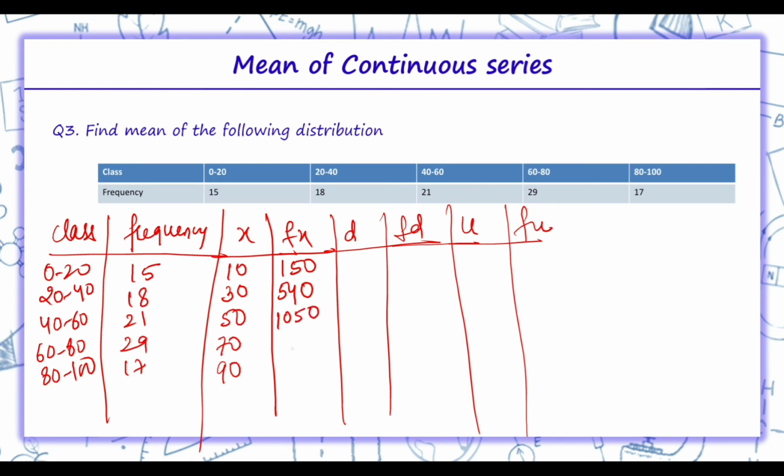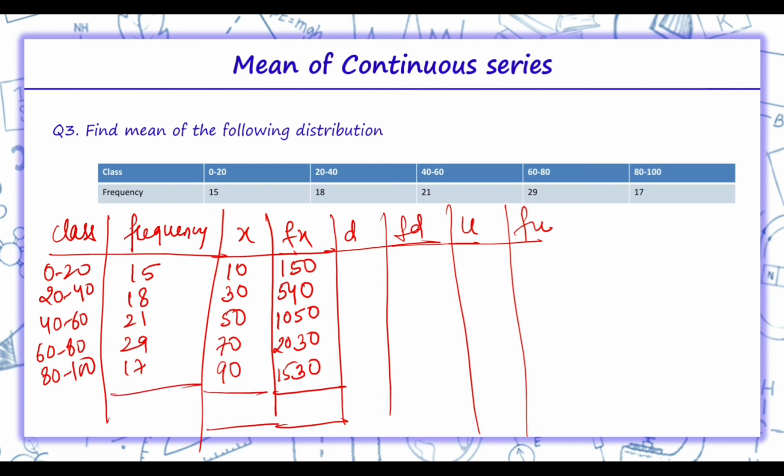Then 29 into 70, it will be 2030. Similarly, we will calculate 17 into 90, it is 1530.